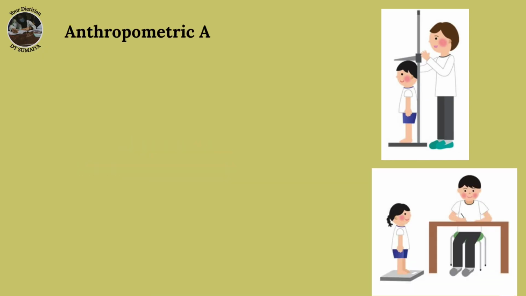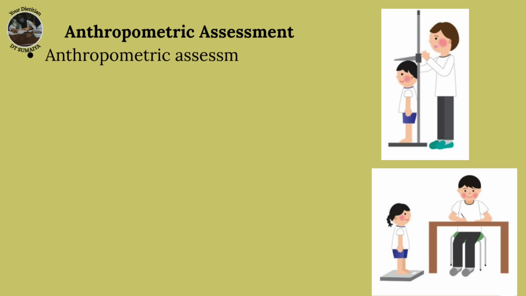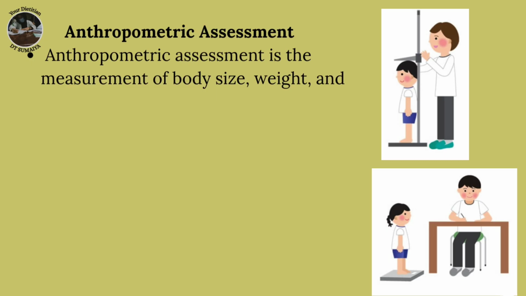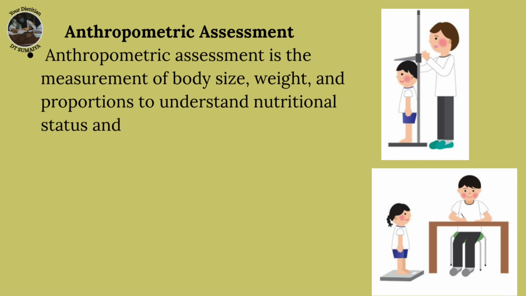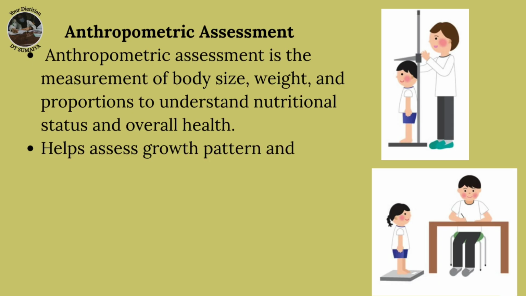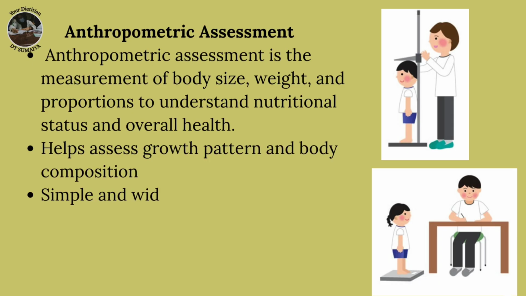Now starting with anthropometric, this is where we measure the body, like height, weight and body proportions. This gives us an idea about the person's body structure and nutritional status. We don't just check weight, we also understand whether the weight is correct according to the height and also whether the height is appropriate according to the body.